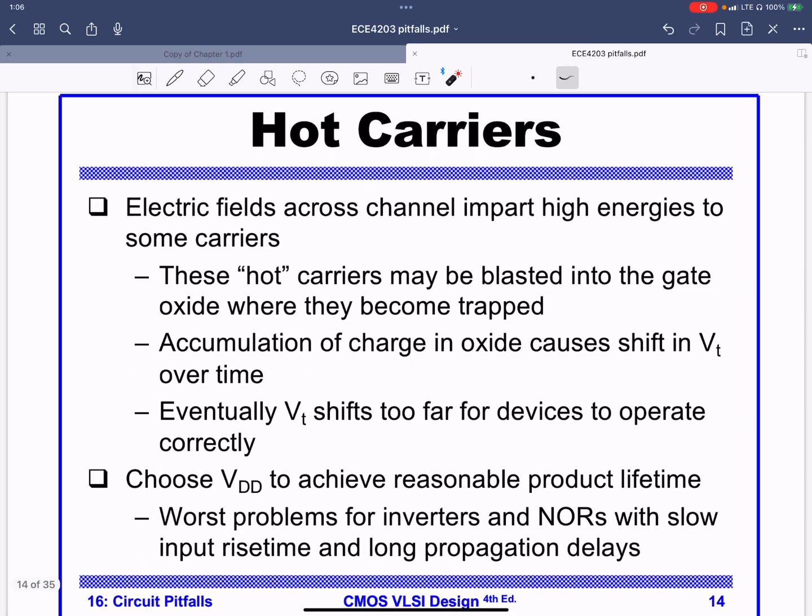Okay, so one of the different ways that the part can fail is hot carriers. High electric fields can make electrons or holes very energetic. These high energy carriers are called hot, and they can embed themselves into the gate oxide and get trapped there.